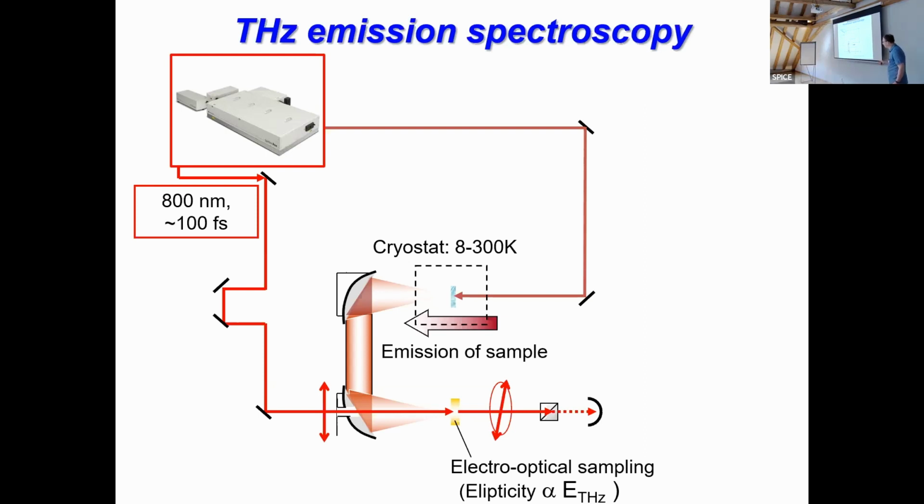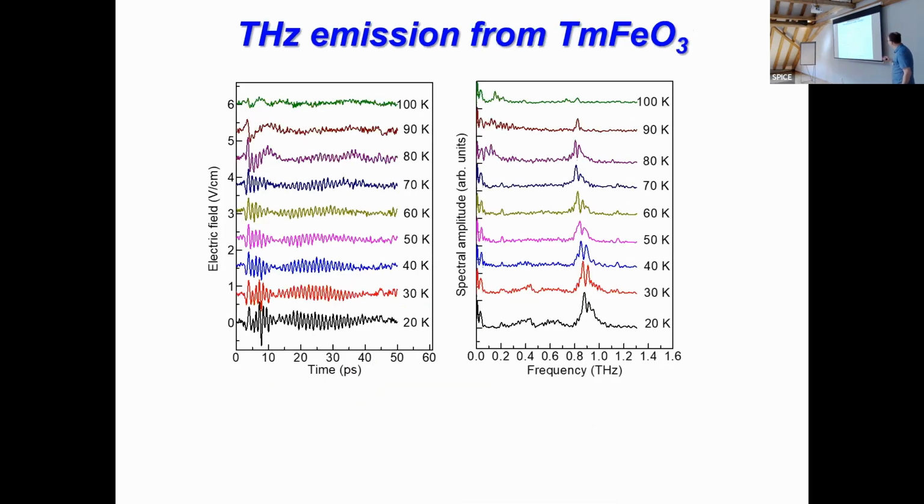Again, by means of impulsive stimulated Raman scattering, this pulse can excite the magnon of the material, and we can then measure emission instead of transmission of the terahertz wave. Again, here you can see the time domain signals together with their spectra.